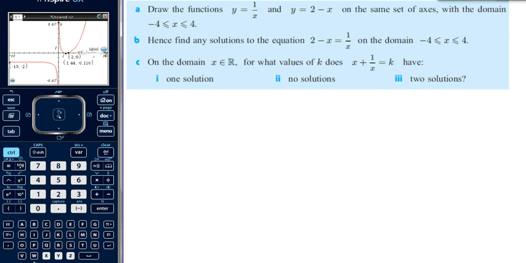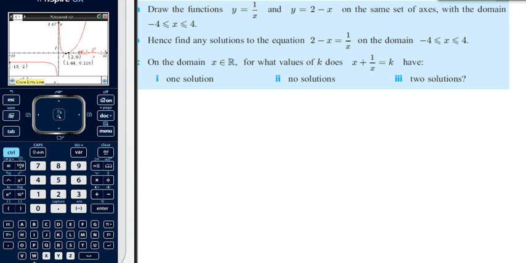So last example here, now we're going to sketch these two given functions. So we'll erase our first one. We'll sketch 1 over x, and our second one is 2 minus x, so we'll enter those as 2 separate functions.